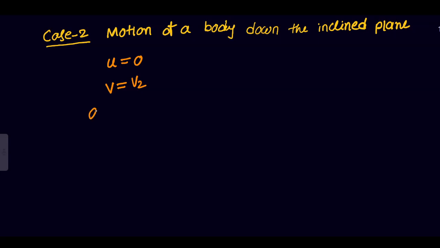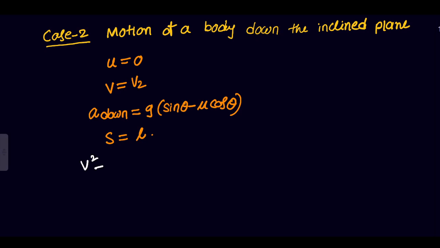And the acceleration: in this case the body is moving down, so we have to use a down. What is a down? That is g into (sin theta minus mu cos theta). And the displacement of the body is the same distance L. Which formula can I apply? v square minus u square equals 2as.